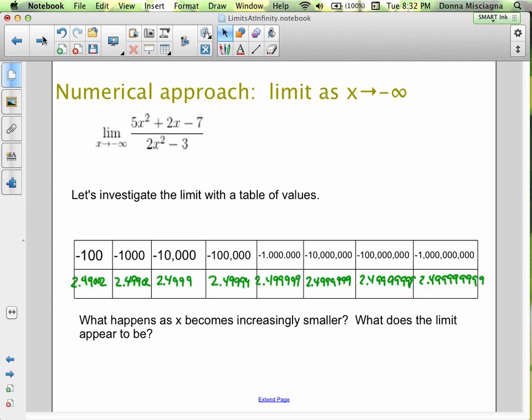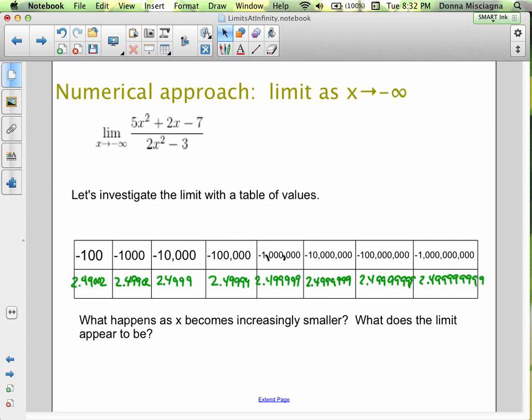Negative a million gives 2.499999. Those are commas. Negative 10 million gives 2.4999999, and negative 100 million gives about the same. And then finally negative a billion. Notice we're just getting more nines, a little bit more and a little bit more.